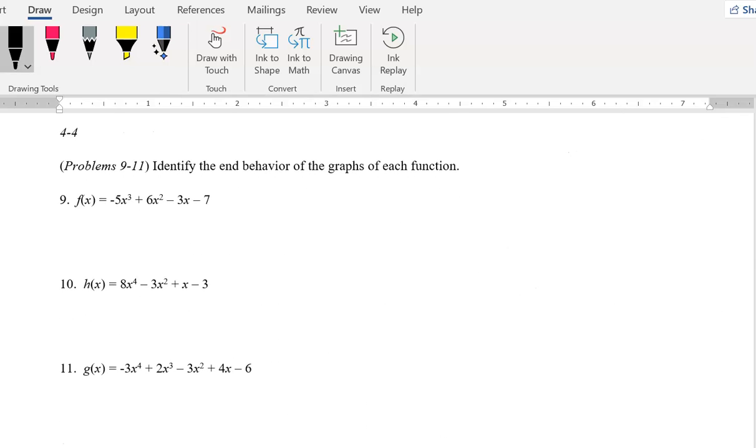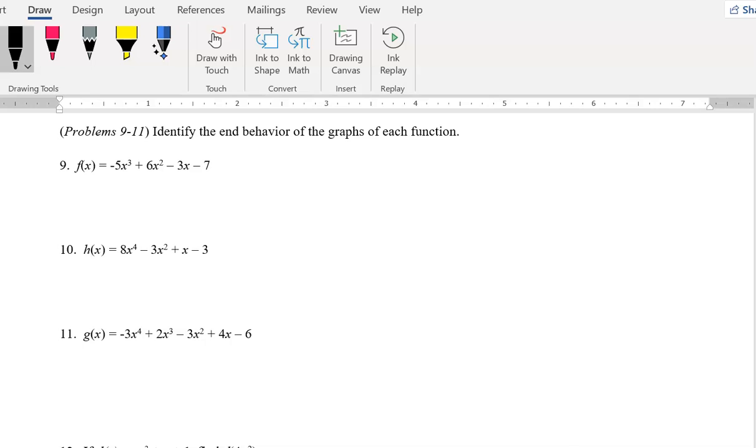Next three problems. Identify the end behavior of the graphs of each function. And we're used to looking at the graph itself and being able to just write down what the end behavior is, but how do we do it if we're not looking at the graph? So remember lead coefficient. Okay, so it really works out this way. I'll just do it with this little diagram.